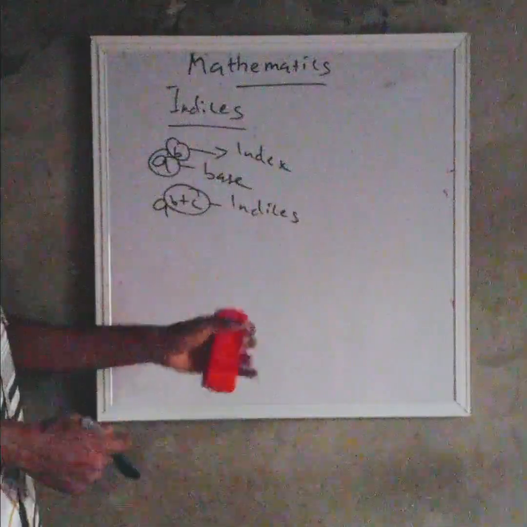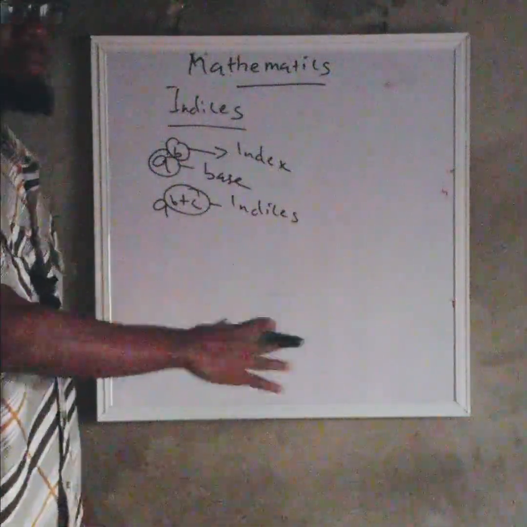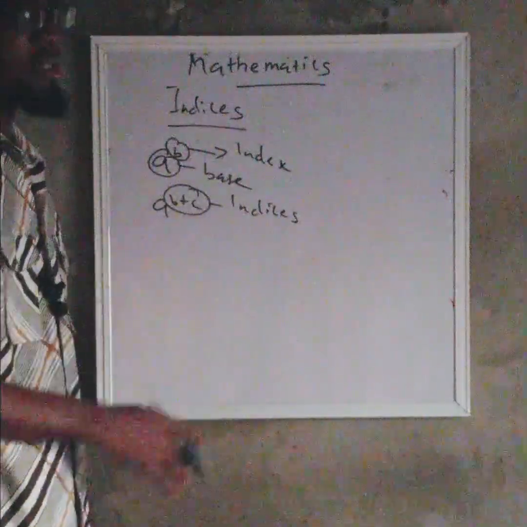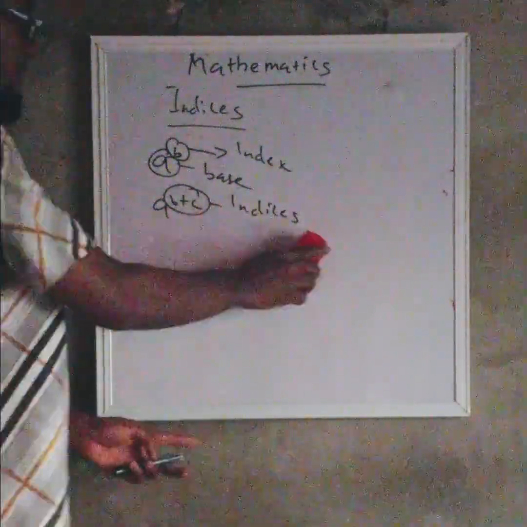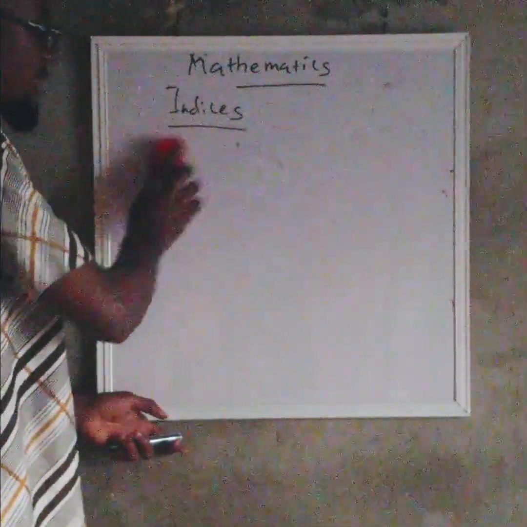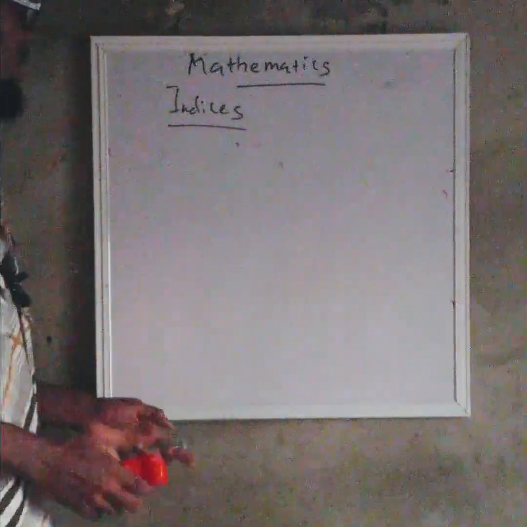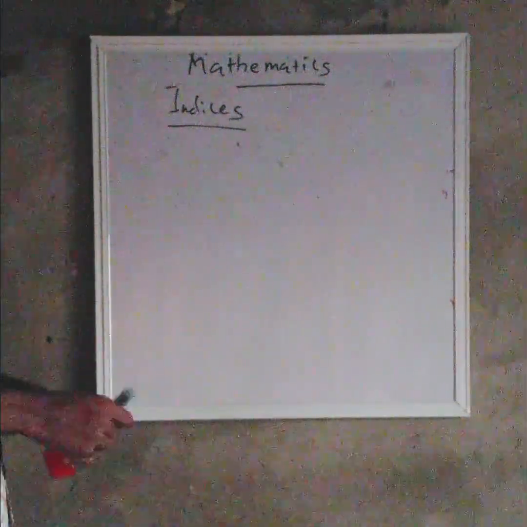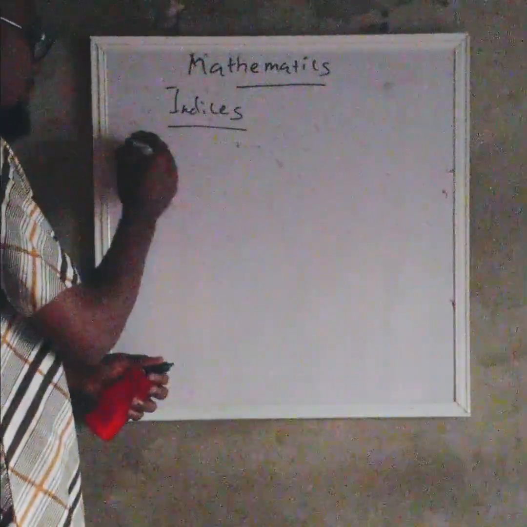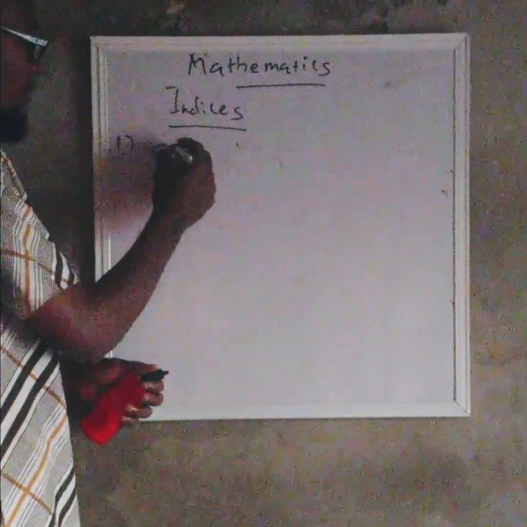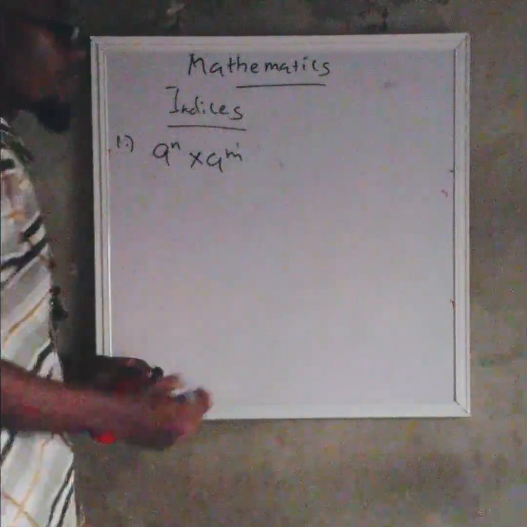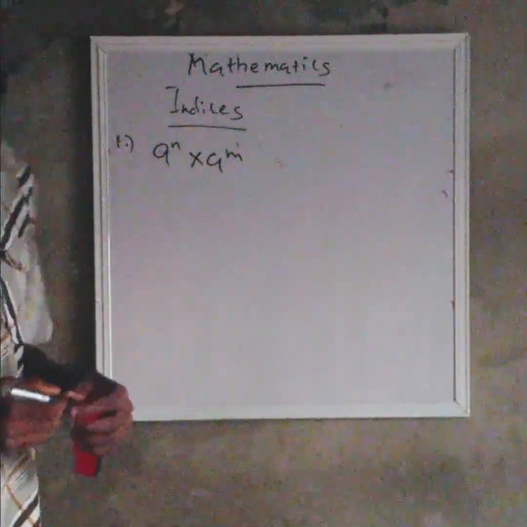And there are about 10 laws that guide all the mathematical operations involving powers of a number. For instance, the first thing that you need to know is that anytime you have an operation in indices, and then you have something like a to the power of n multiplied by a to the power of m, what's our possible solution?